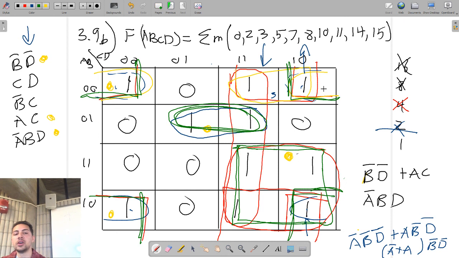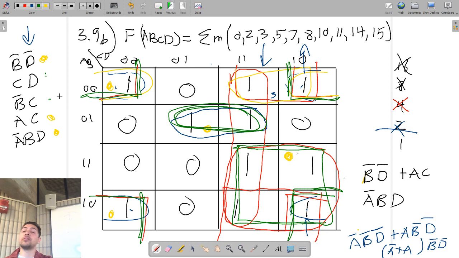Do you choose the top and bottom 4, which would give you B bar C? You would have to choose one of those 2, but not both. You would only need to do 1. And in terms of minimizing your overlap, they both overlap 3 cells, so not really a big deal either way.